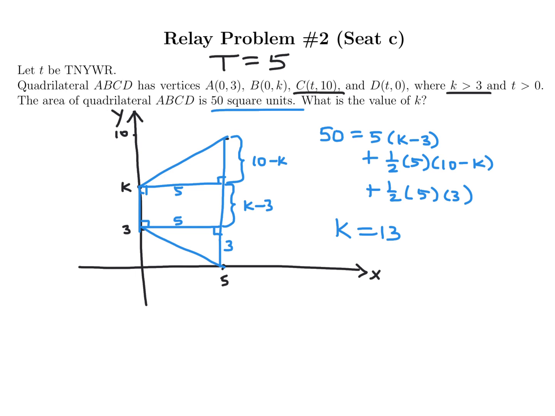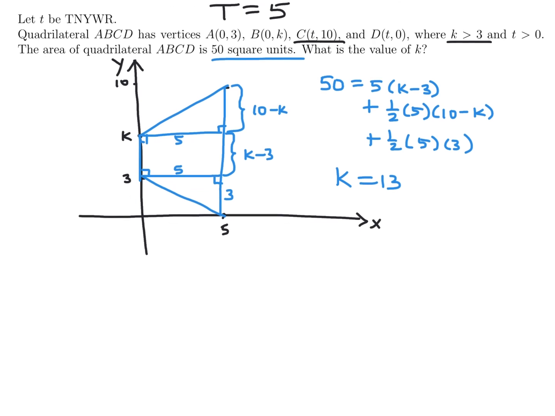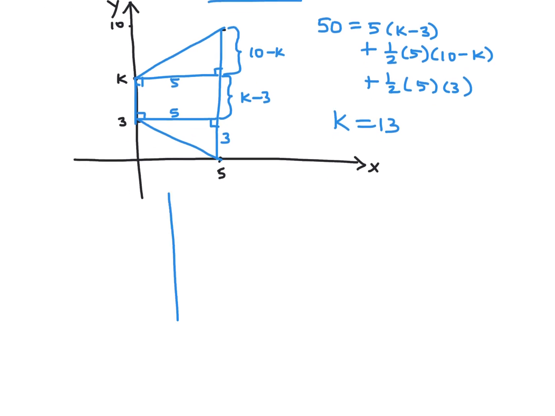Huh. That actually makes me think that the diagram was wrong. So the diagram would actually have to be something like this. 5, 3, 13, that's k, and then 10. So let's do this again.